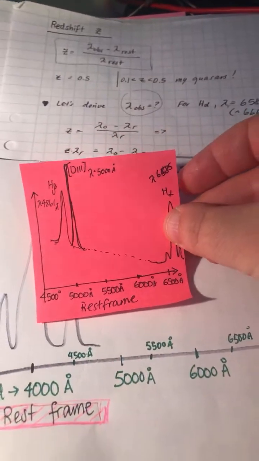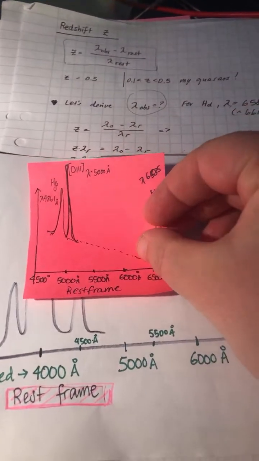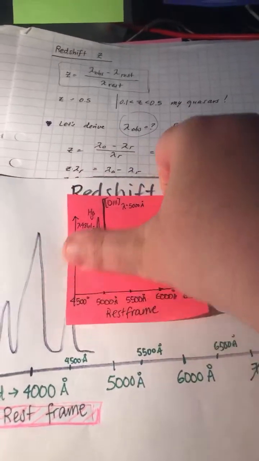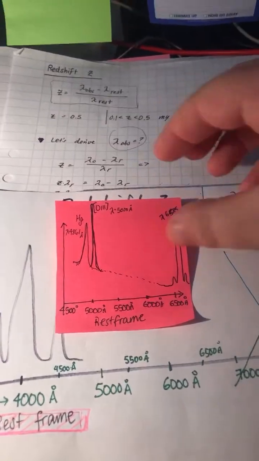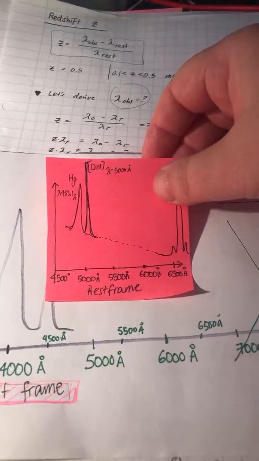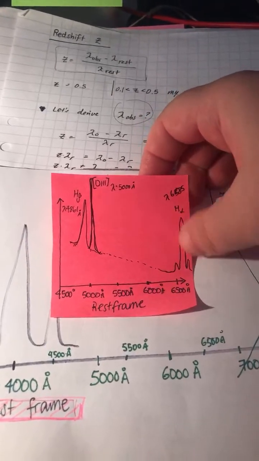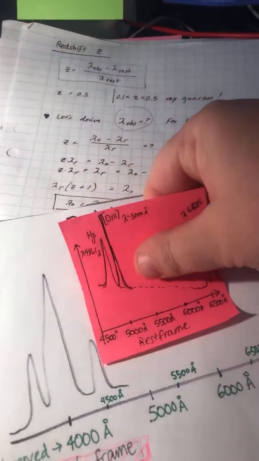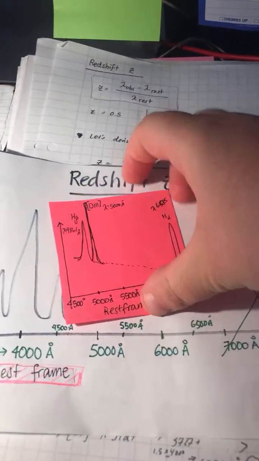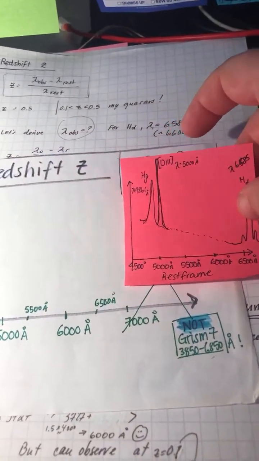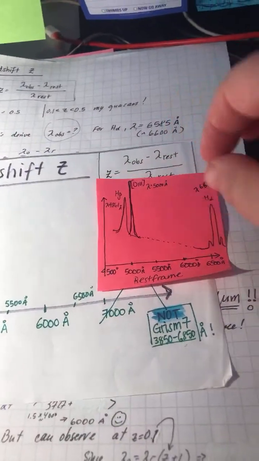So here is the original rest frame wavelength, something like this. As this is a rest frame wavelength, but let's say the H alpha is not observed now because it is shifted to 10,000 somewhere here.